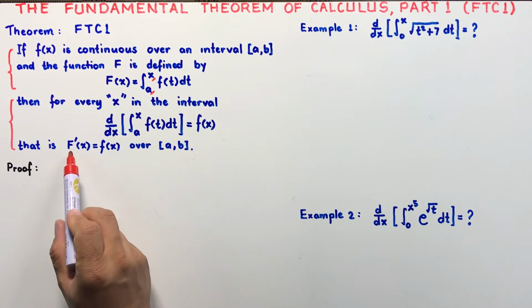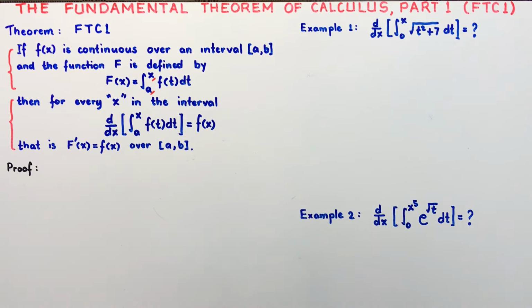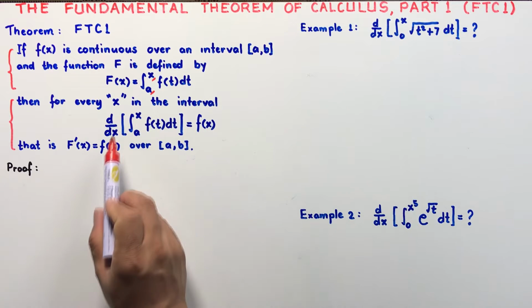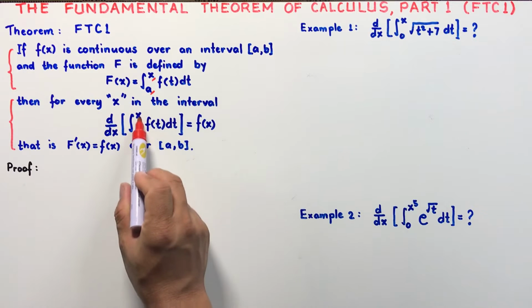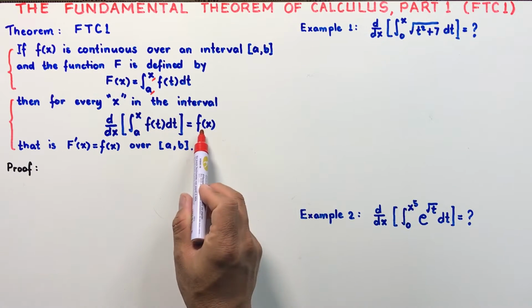So we say here that the derivative of the big F of x is the small f. And this theorem establishes the relationship that differentiation and integration are inverses to one another. These are inverse operations to each other, because the derivative of the integral of the f is the f itself.